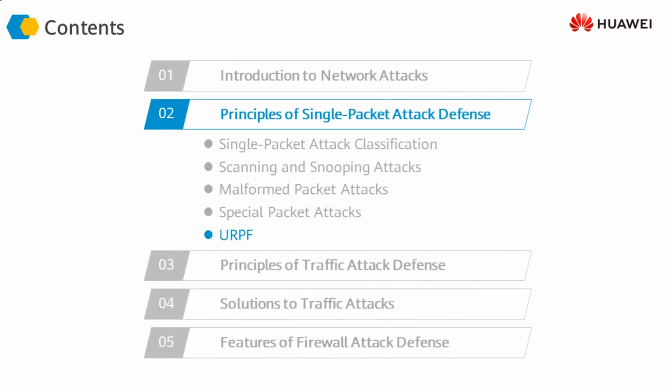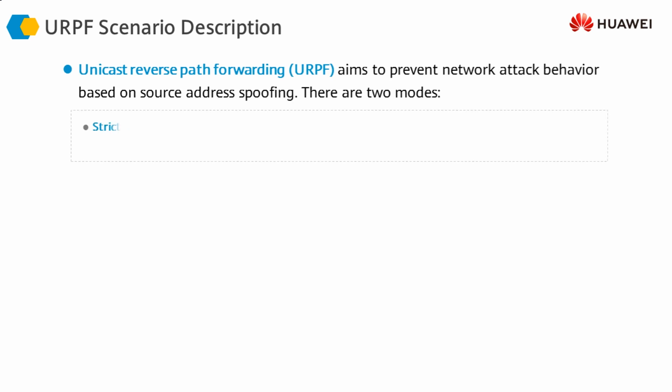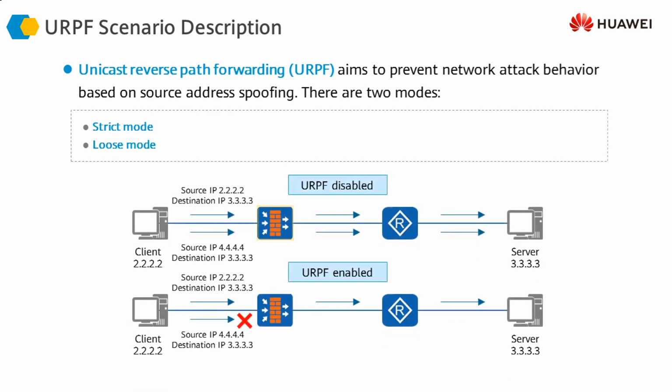One important feature that we need to understand, in order to understand the defense against source authentication attacks, is URPF, or unicast reverse path forwarding. When a packet is coming from a spoofed or fake source, and we want to check whether the traffic is coming from a real source, we can enable URPF on the firewall.